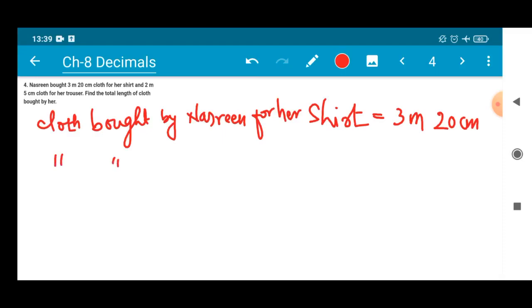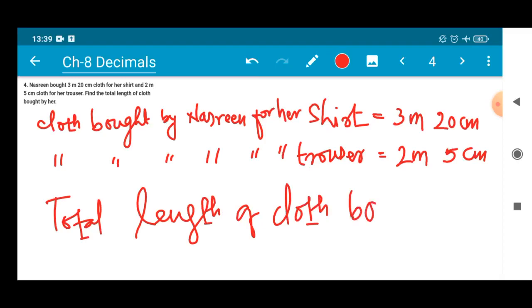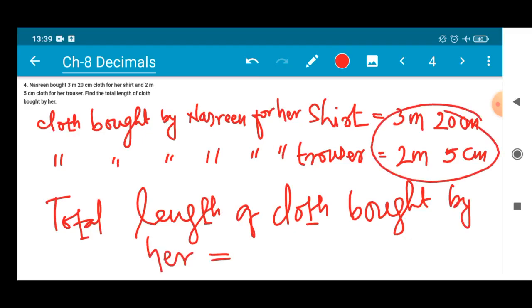And similarly cloth bought by Nasreen for her trouser is equal to how much? 2 meter 5 centimeter. So now we have to find the total length of cloth bought by her, means Nasreen, right, is equal to, so we have to add these two, of course, isn't it?